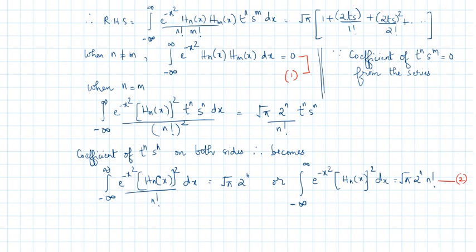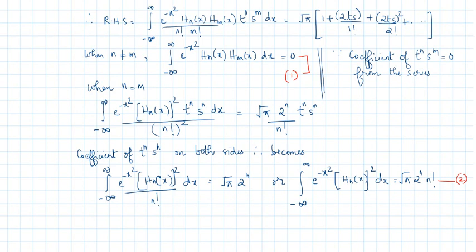Equating the coefficient of t raised to n s raised to m under the condition n not equal to m on both sides would yield such an equation. On this side I would have this integration, but on the right side I don't have such a term, so it will be 0. That condition yields such an integral, and I number this as equation 1.